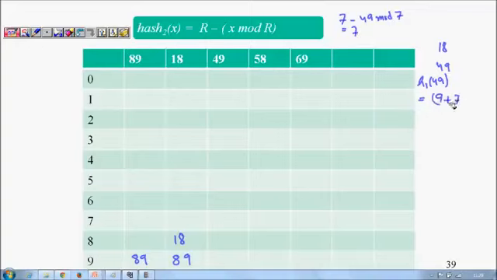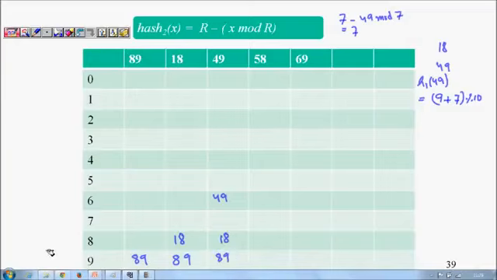So (9 plus 7) modulo 10, 16 modulo 10, which is 6. So 49 will come here, and we have 18 and 89.